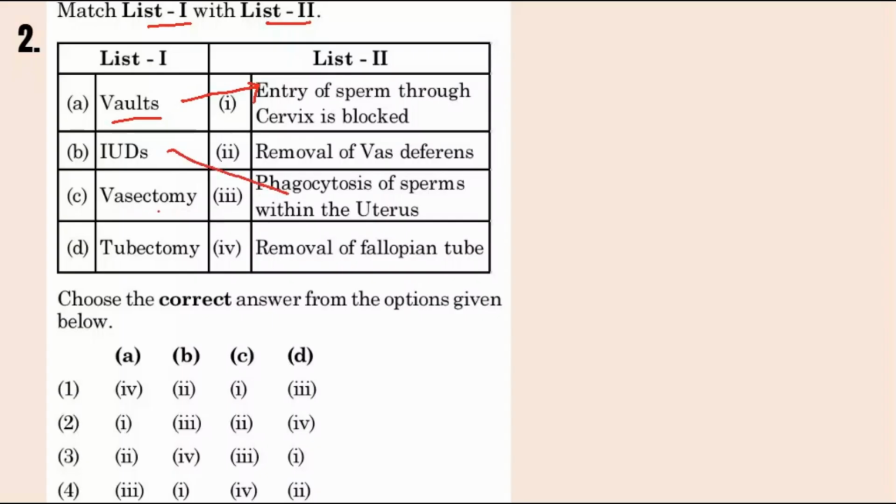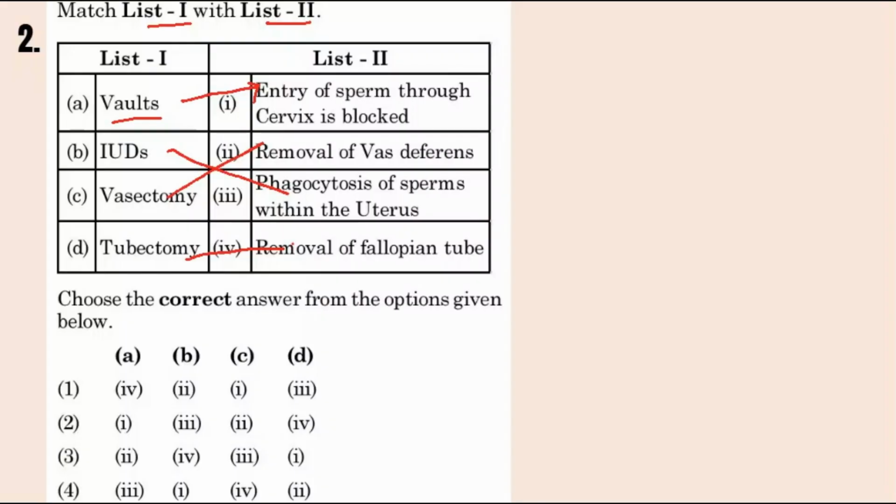Then C option is vasectomy. Vasectomy helps in the removal of vas deferens, not the whole vas deferens but a portion, okay. Similarly, tubectomy also helps in the removal of fallopian tube. Here also, not the whole fallopian tube, a portion of the fallopian tube only. And after that, they will stitch it also.